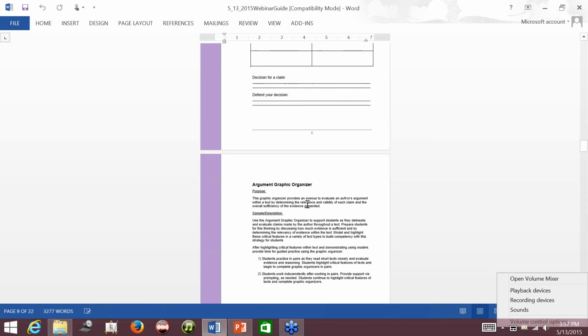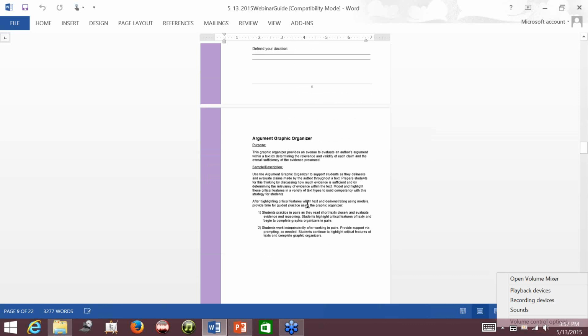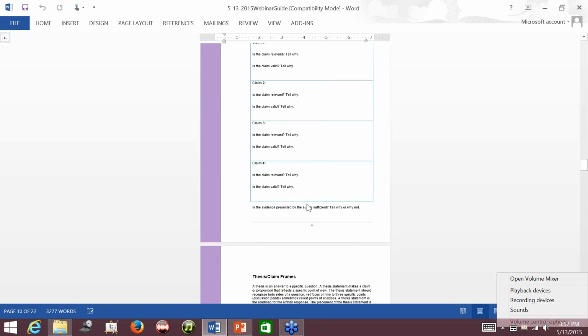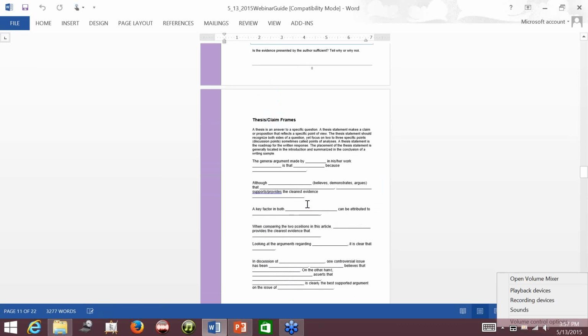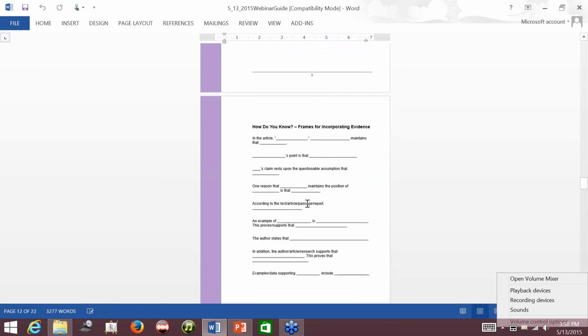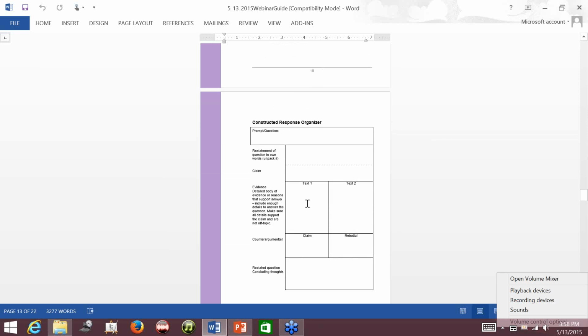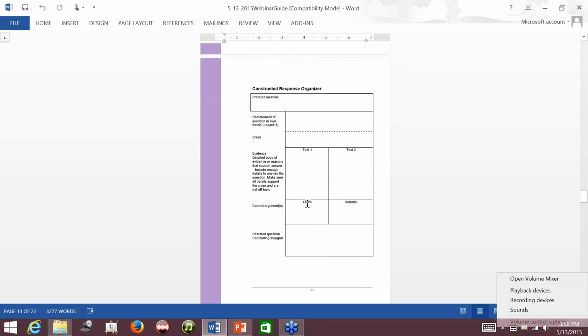You also have a few additional frames for your claims or thesis statements, as well as frames for incorporating evidence. As we've continued down this road of constructed response, the following organizer may look a little familiar to some of you.